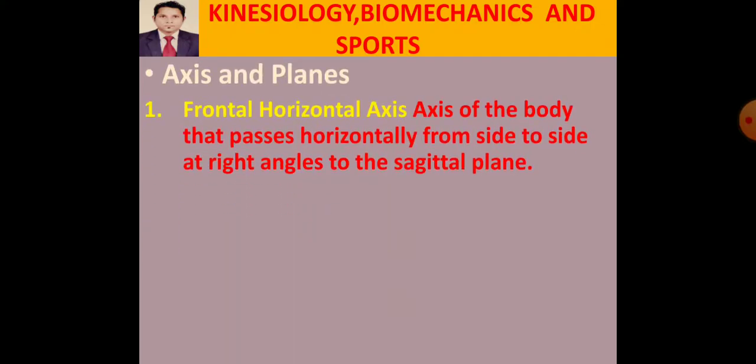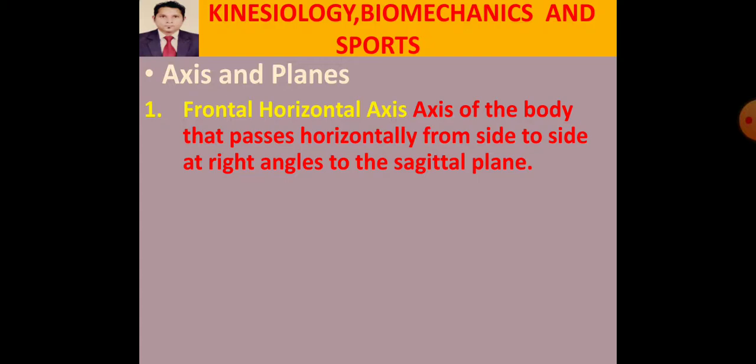First is the frontal horizontal axis. It is the axis of the body that passes horizontally from side to side at right angle to the sagittal plane. That we will discuss further. Vertical axis: the axis of the body that passes from head to foot at right angle to the transverse plane.